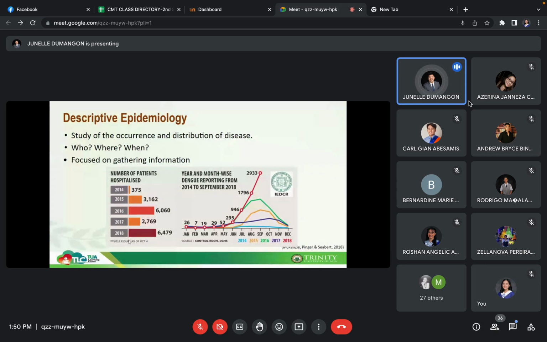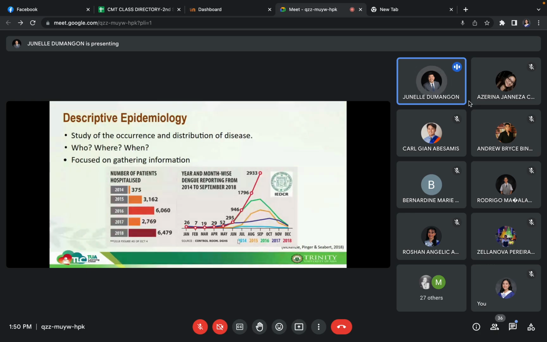And we can see from this data that there are more people who got hospitalized in 2018 compared to other years. Now on the right, we see what disease is being counted. It is dengue. So it answers the question what. And then it also tells us that the report came from 2014 to 2018, answering the question when.